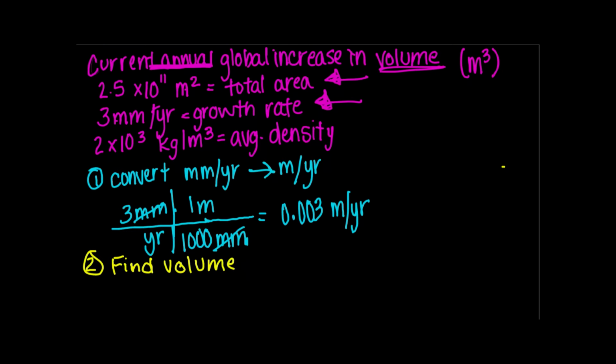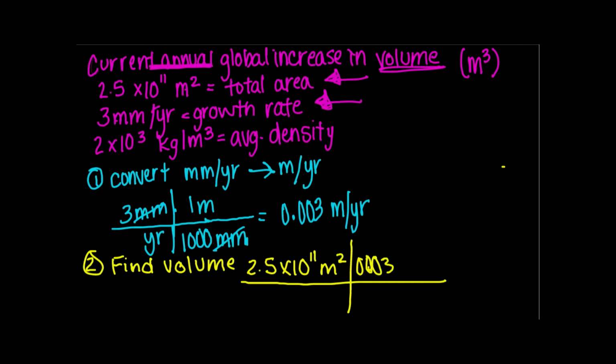Okay, so I'm going to take 2.5 times 10 to the 11 meters squared, and I'm going to multiply that by 0.0... Oh, there's another 0 in here. There we go. Meters per year, and that'll give us meters cubed per year, which is what we want.